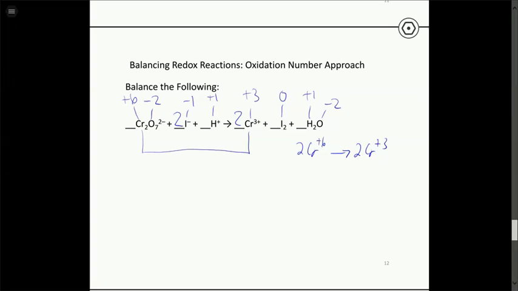Each one is changing by 3, but there's two of them, so it's a total of 6 electrons. So don't forget to account for that fact. That's a 6 electron process for the chromium.